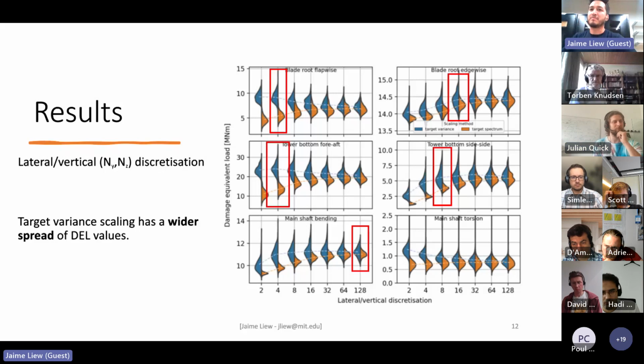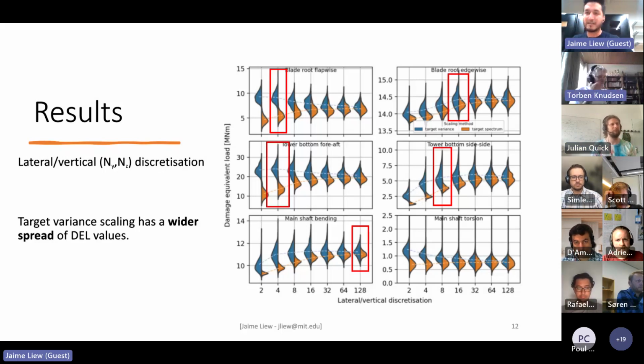Yeah, so in terms of the spread, the idea is that if you just run one simulation, you're going to have one point in this distribution, and you want an estimate of the true value or the mean value, so you need to run many simulations or get many data points over these distributions. If your distribution is spread quite wide, then the error of your mean will be greater.